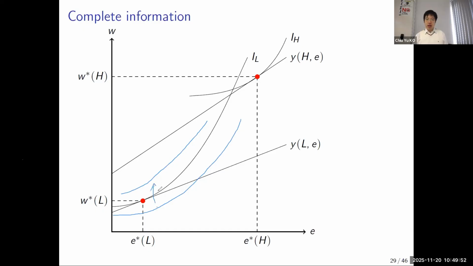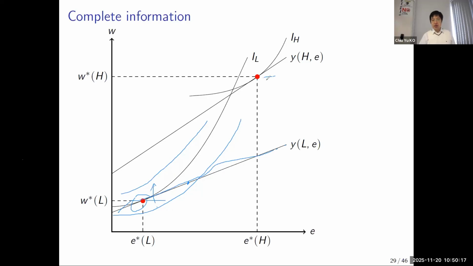Your low type salary is here. You can choose whatever you like, but this is the only thing you can get. And the highest point is this, only the tangency. So this is the best education and best wage you can get. Of course the low type can actually get here, but it is lower. That is the only reason why the red dot is here.